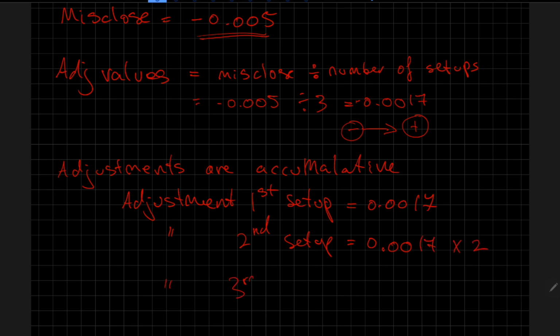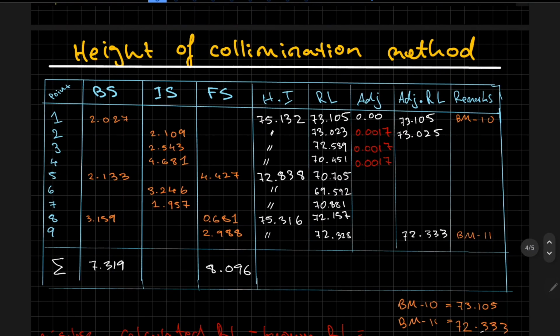Adjustment for third setup is going to equal 0.0017 times 3. So let's add 0.0017 to the 0.0017, and we get 0.0034.